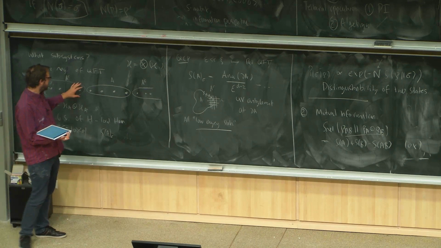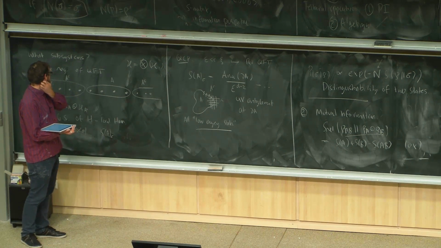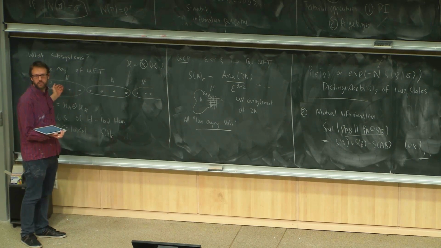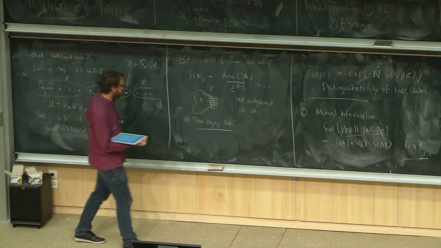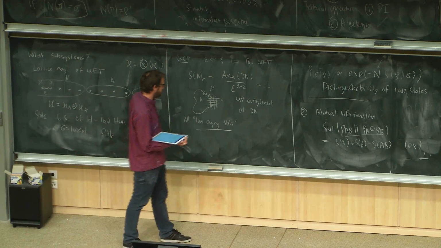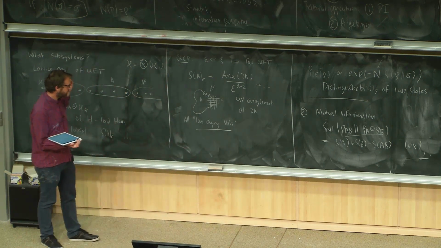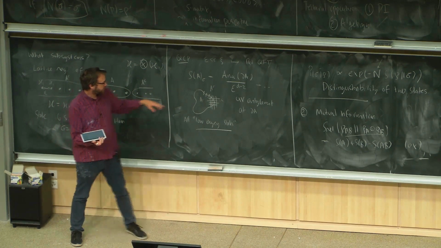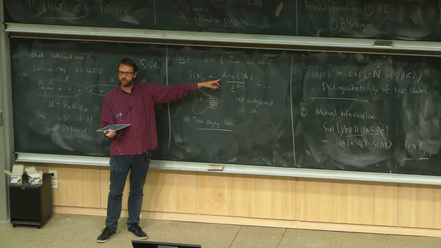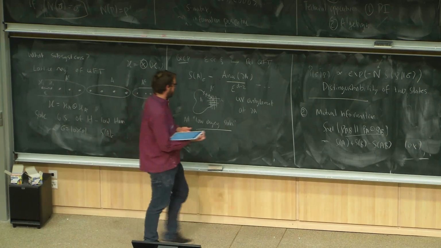You could have a thermal state where the temperature is of the scale 1 over the lattice spacing. We're not going to think about those states. We have to throw them away. So when we talk about quantum field theory, we're talking about some specific low energy states. And you can argue that all of these states have this area law, so they all have the same universal entanglement structure.